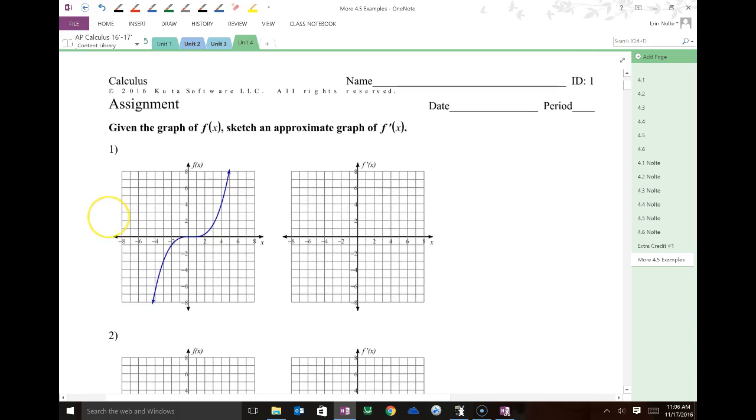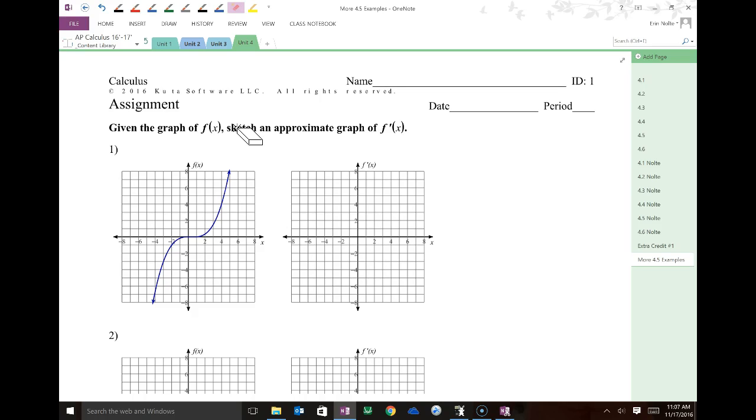Okay, so for the first question on this assignment, they're giving us the graph of our function. Basically, if we're going to sketch the graph of the first derivative, we're analyzing the slope of this. So the first thing we want to do is figure out where the slope is 0.